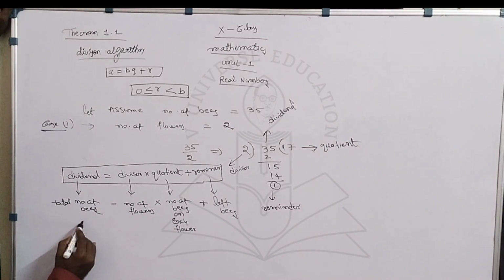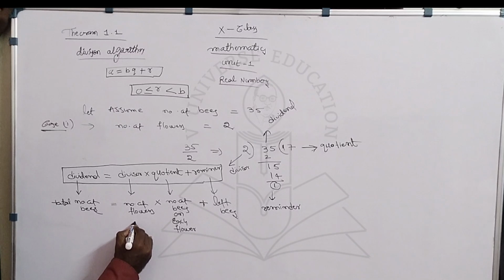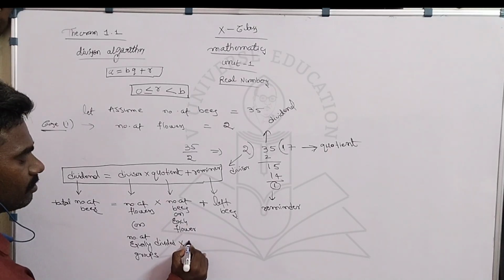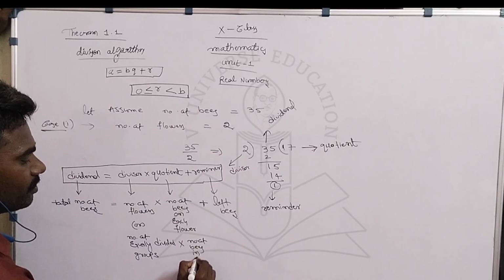So this we can write: the number of flowers is nothing but the number of equally divided groups, into this number of bees on each flower, we can say number of bees in each group.